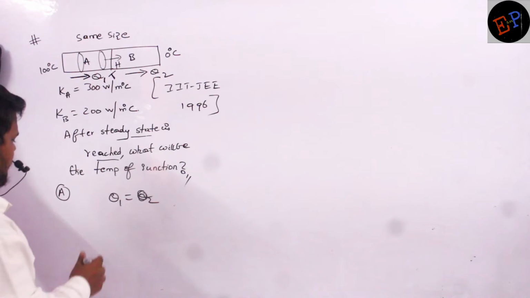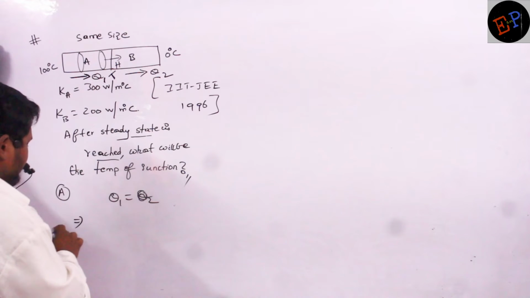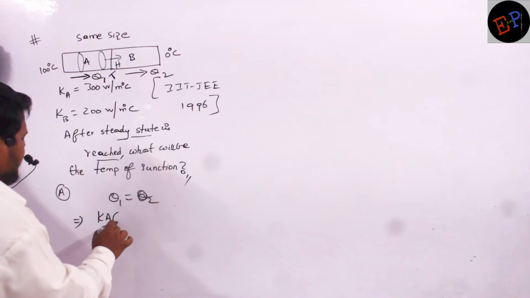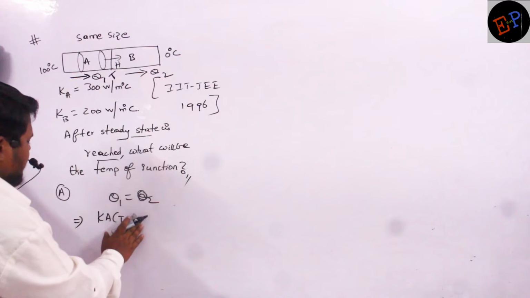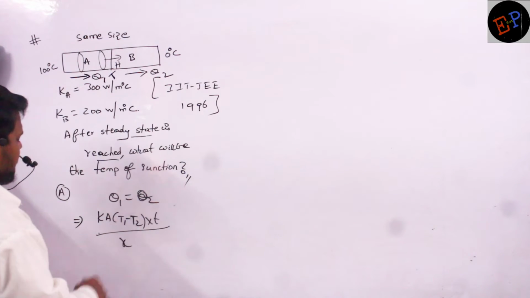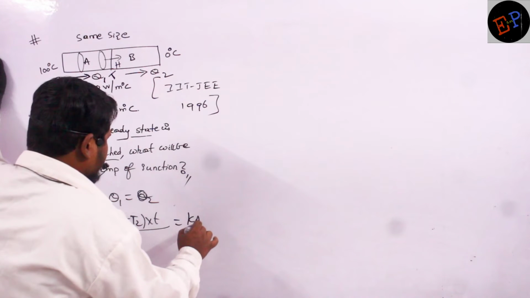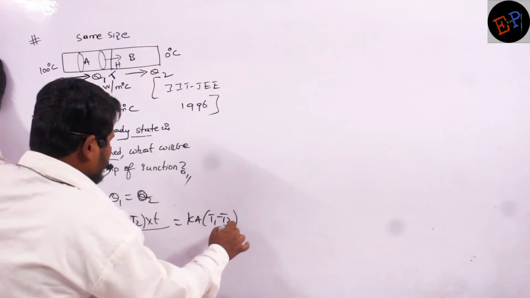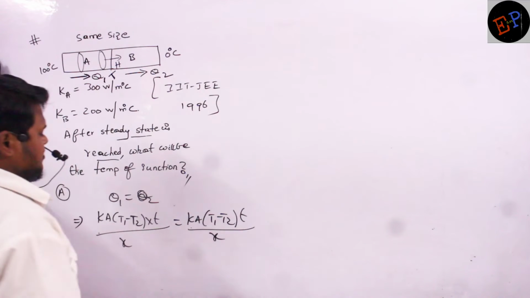Therefore the Q value can be written as K A (T1 minus T2) times t divided by X, equal to K A (T1 minus T2) times t divided by X for the second rod.